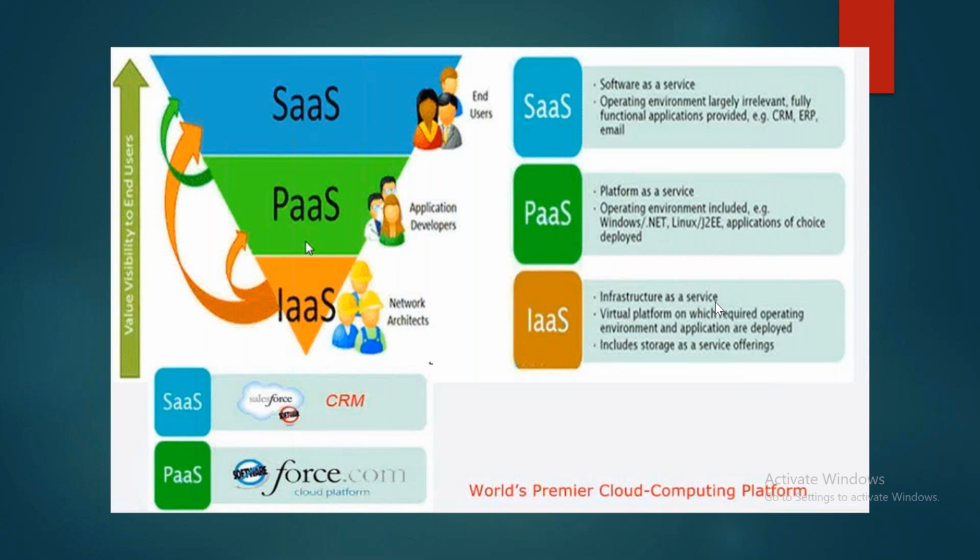So this way of providing the infrastructure is the lowest level of cloud computing, and a step ahead of that is the platform as a service model, where they not only provide the infrastructure, they provide you the platform to build your application. Let's take the same example.